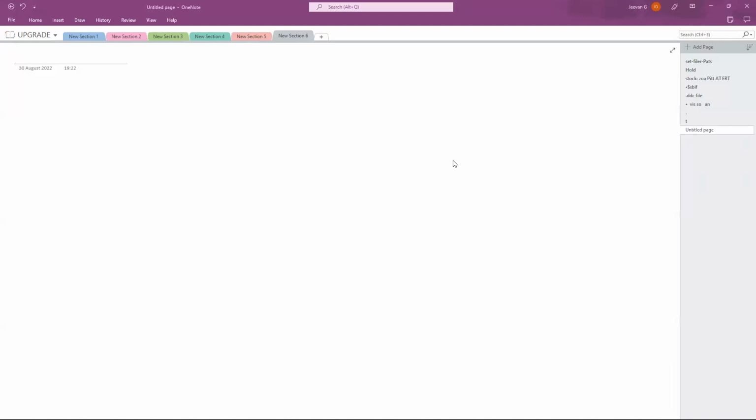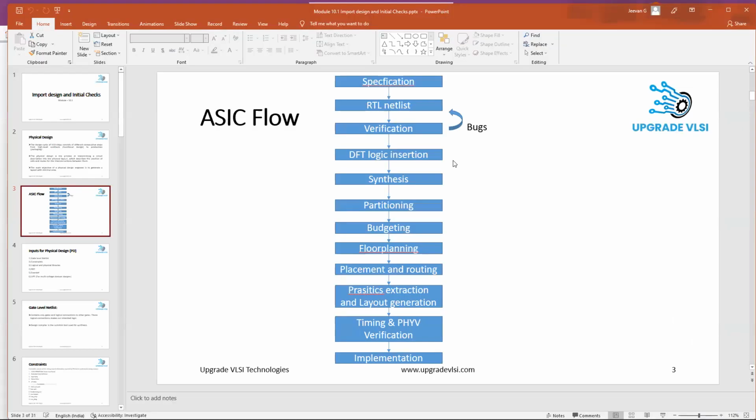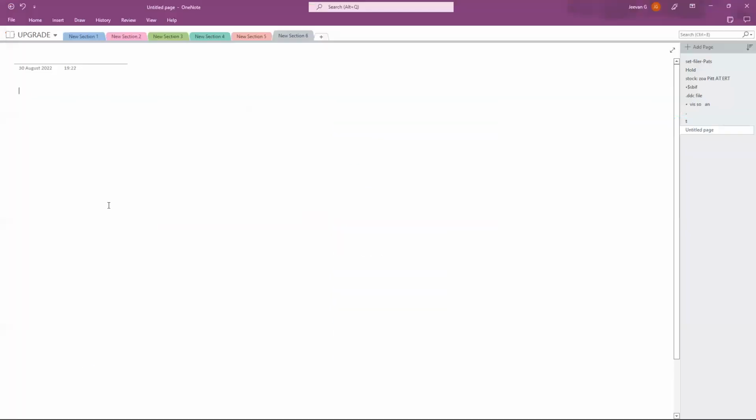So yesterday we discussed up to partitioning and budgeting, right? For the people who missed it, partitioning is relevant if you are working at the full chip level. The chip will be of two types, whether it is flat or hierarchical.